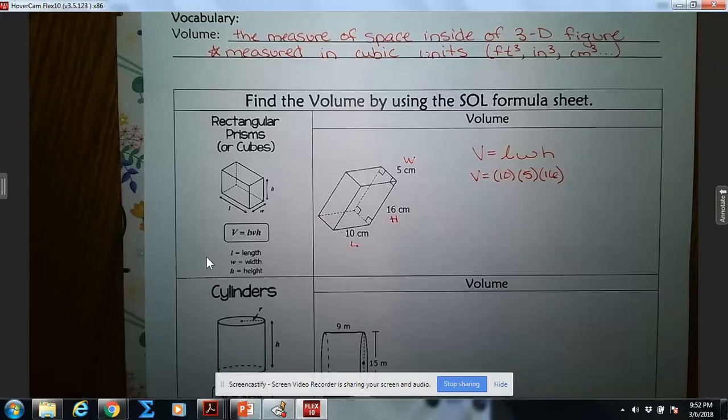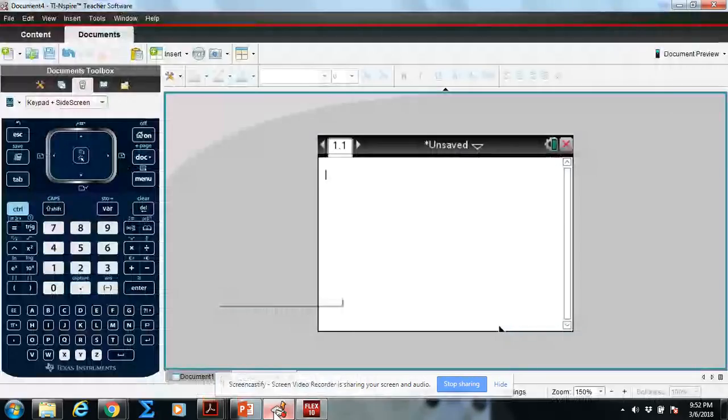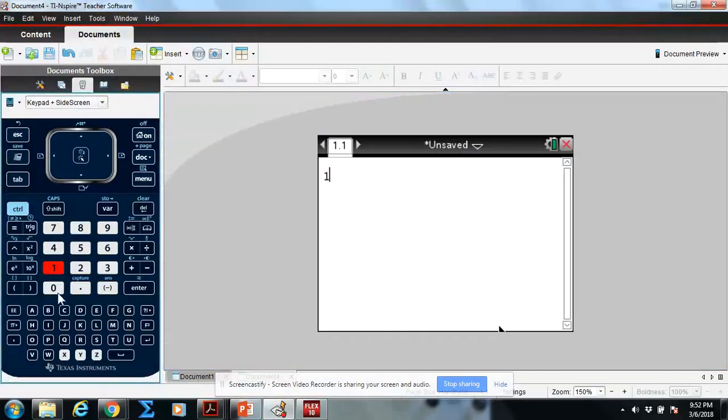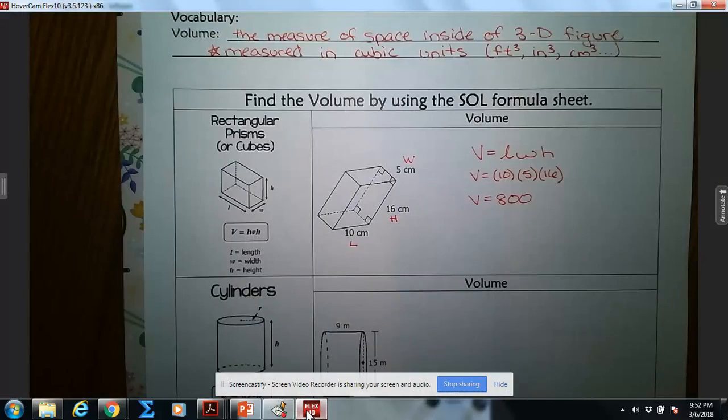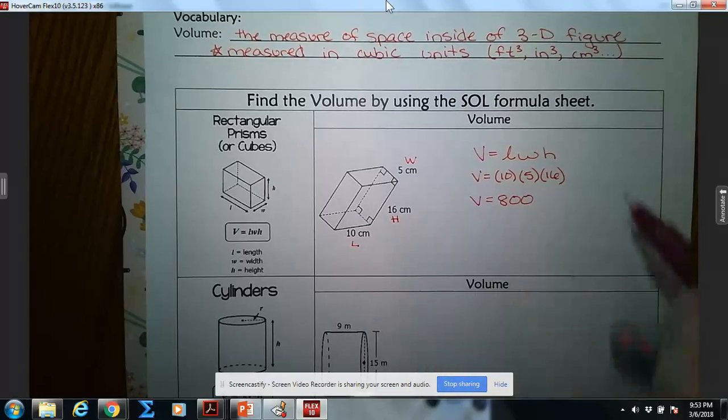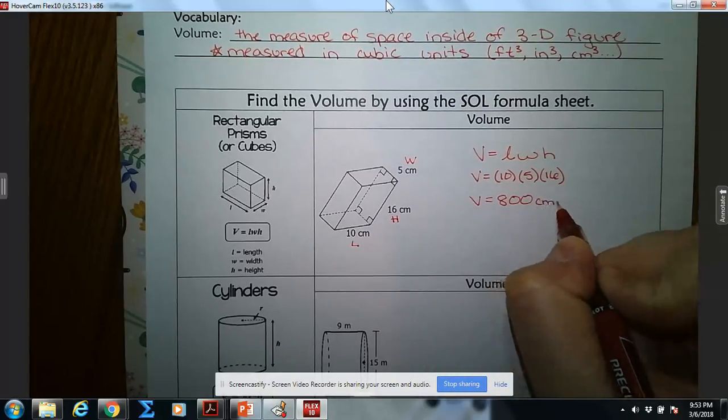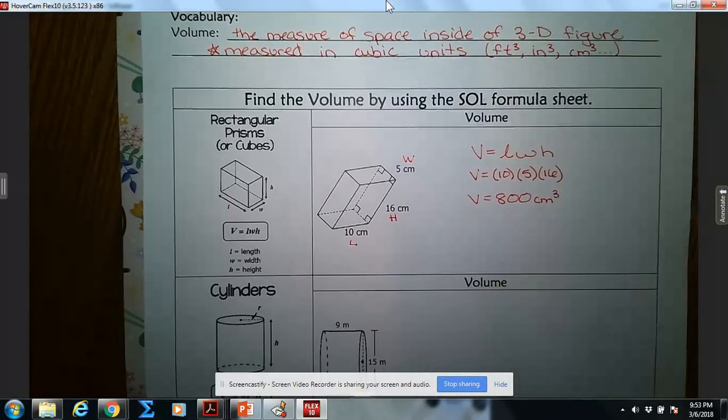I've got my calculator handy again to show you how to type this all in one line. This one's pretty easy. 10 times 5 times 16 is 800. So what does that mean? That means I could fill this box up with 800 tiny little 1 by 1 by 1 cubes.